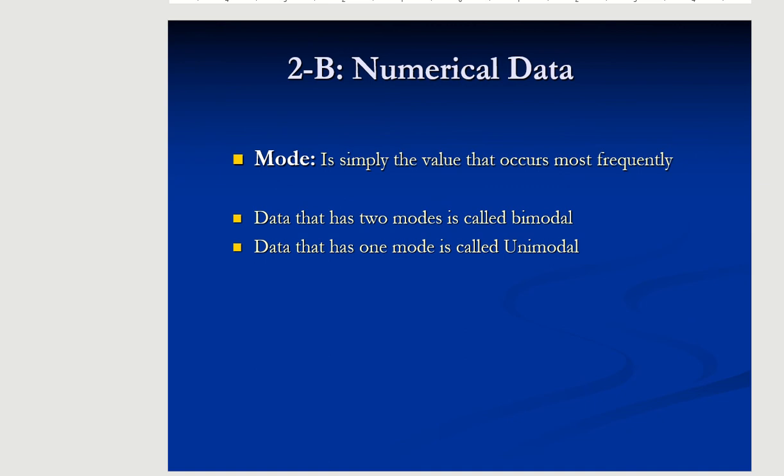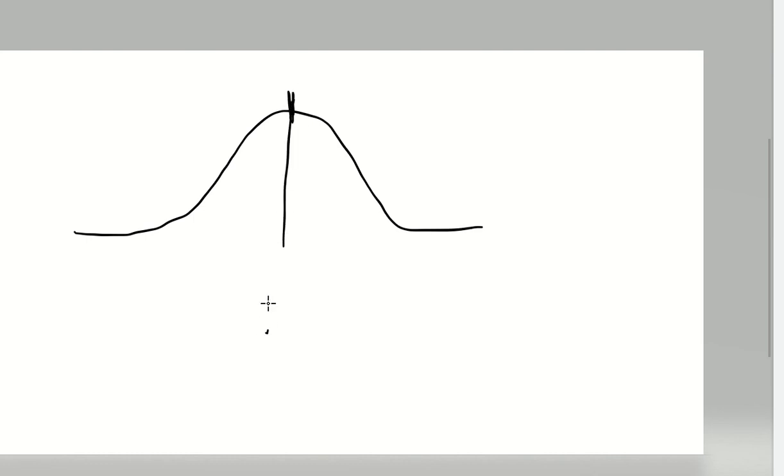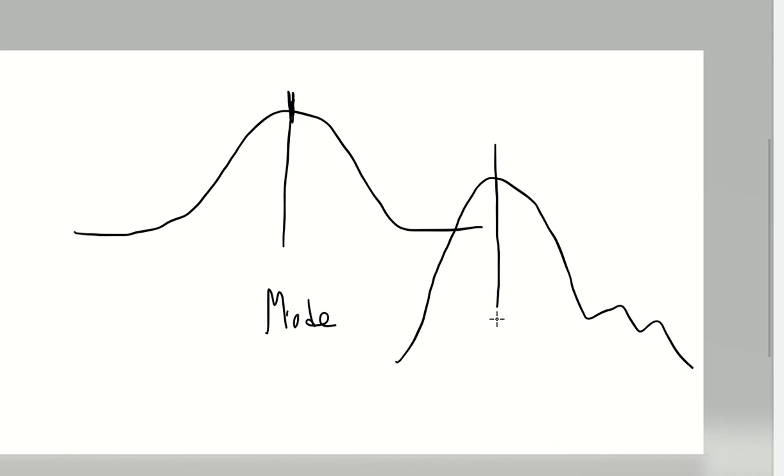So if you're looking at data like the one I drew when I was talking about the grades, okay? If you look at the data that looks like this, right here on the top, this is your mode. This is where the most frequently repeated data is. It could be like this, and again, this is the mode of the data.